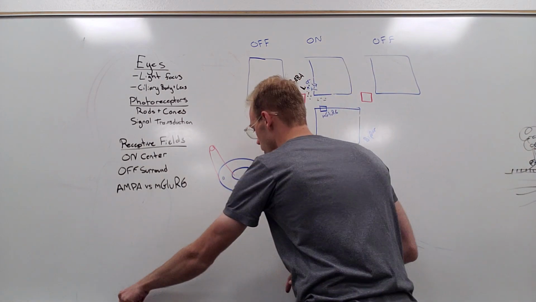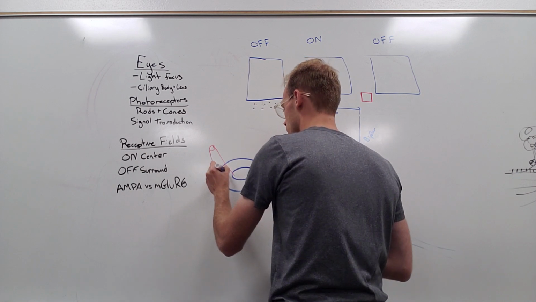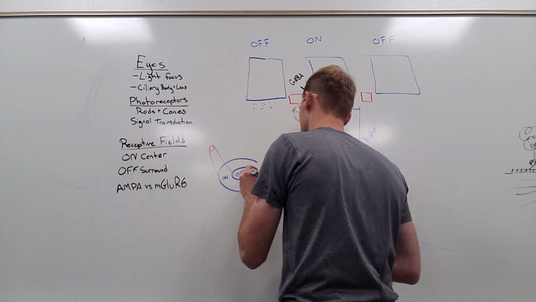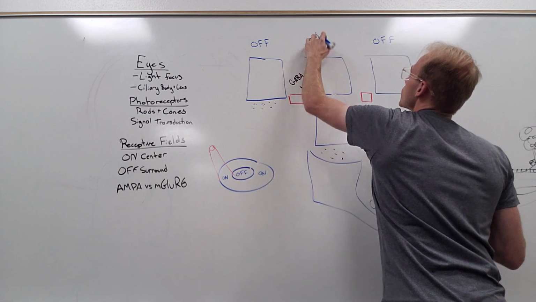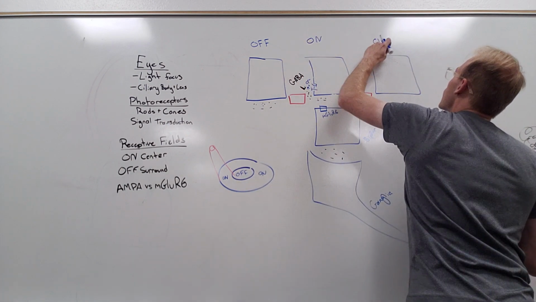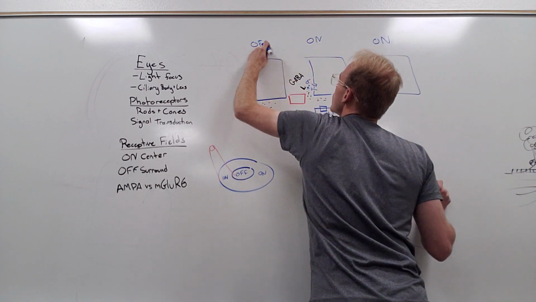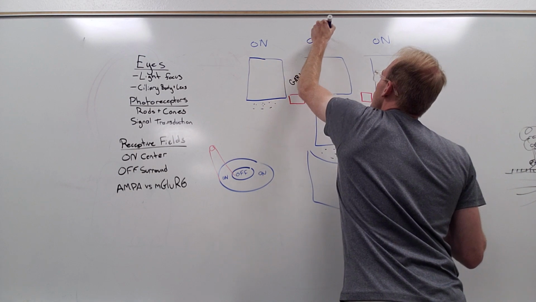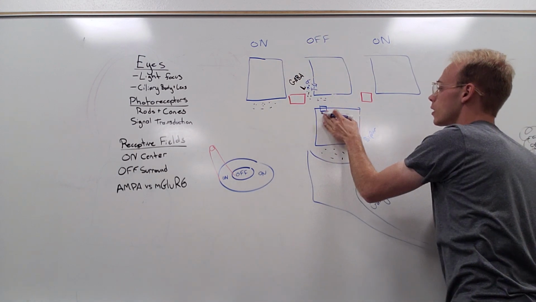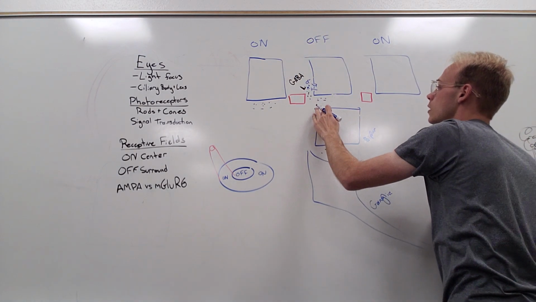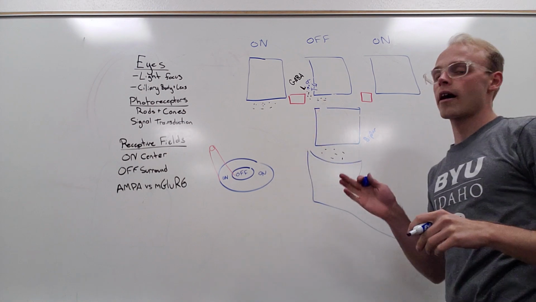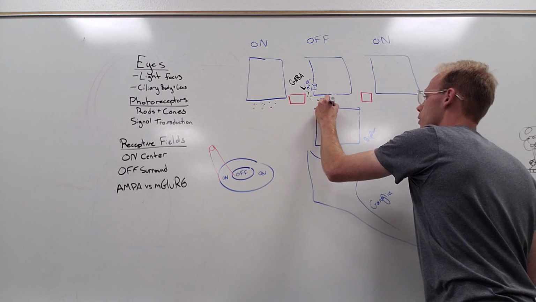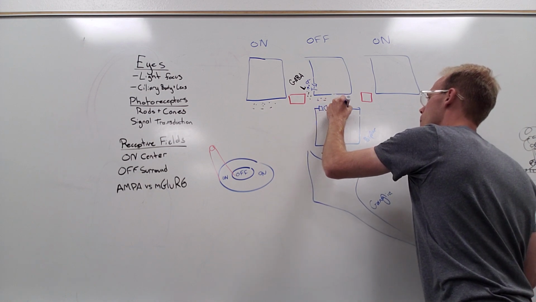Okay, so we're gonna switch these. What if this is now an on surround and an off center? So we'll change them up here. And so the interesting thing is for off center, on surround, you do not have mGlu-R6. You have that AMPA receptor.